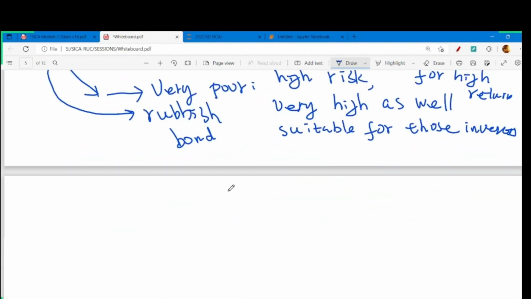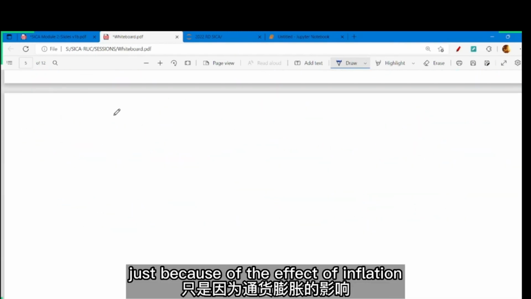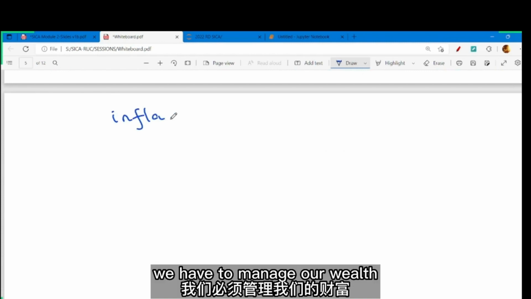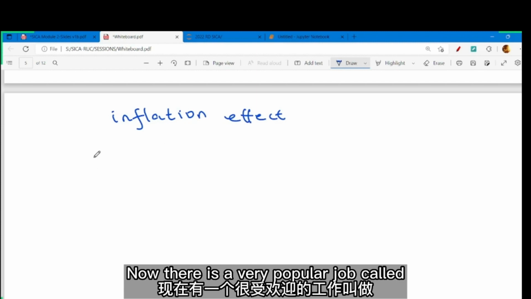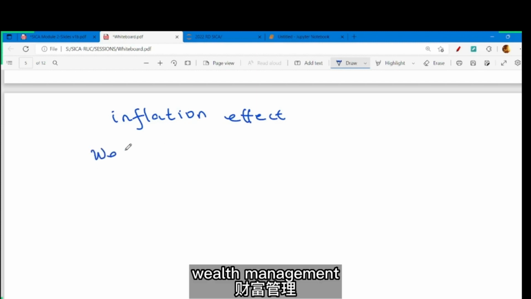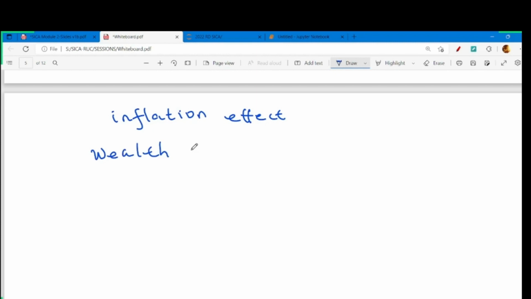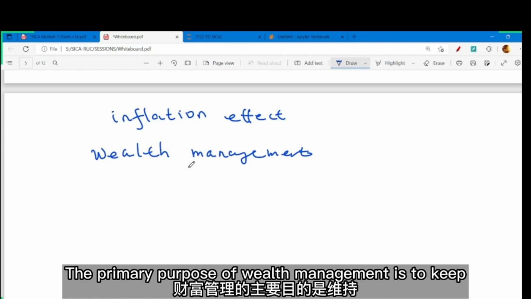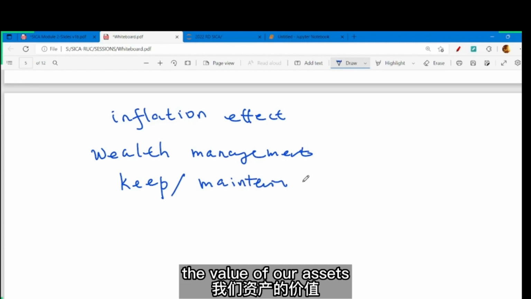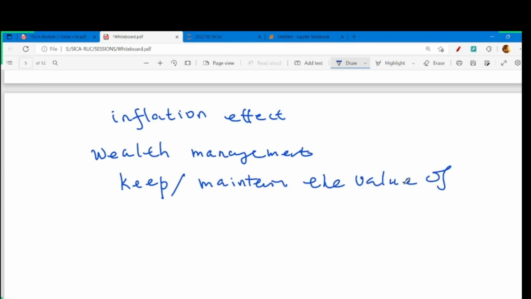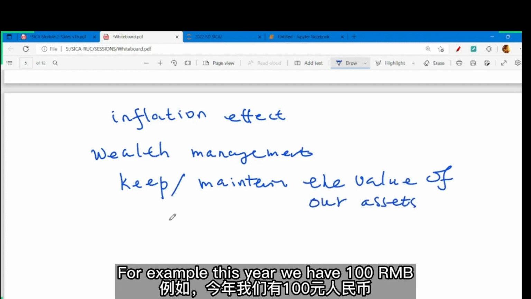So just because of the effect of inflation, we have to manage our wealth. Now, there is a very popular job called wealth management. The primary purpose of wealth management is to keep or maintain the value of our assets. Say, for example, this year we have 100 RMB.